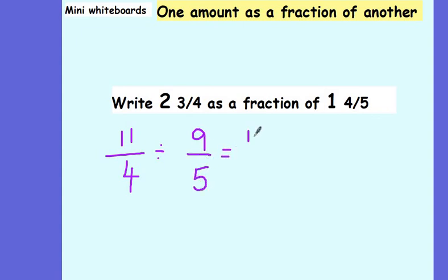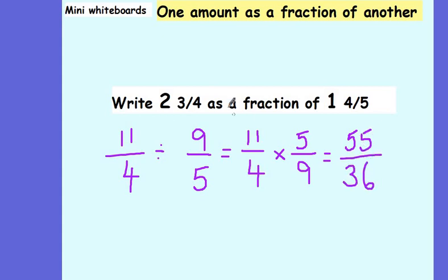Keep flip change gives me 11/4 times 5/9, which should have given you 55/36. So we say that 2 3/4 is 55/36 of 1 4/5.